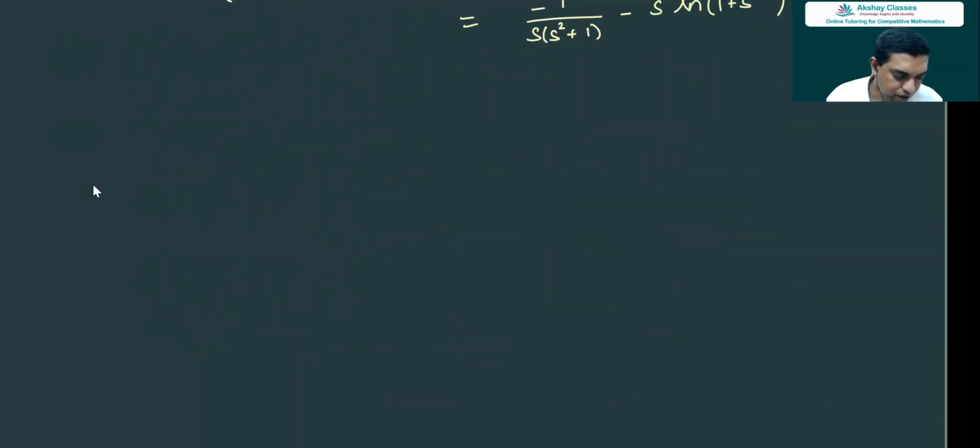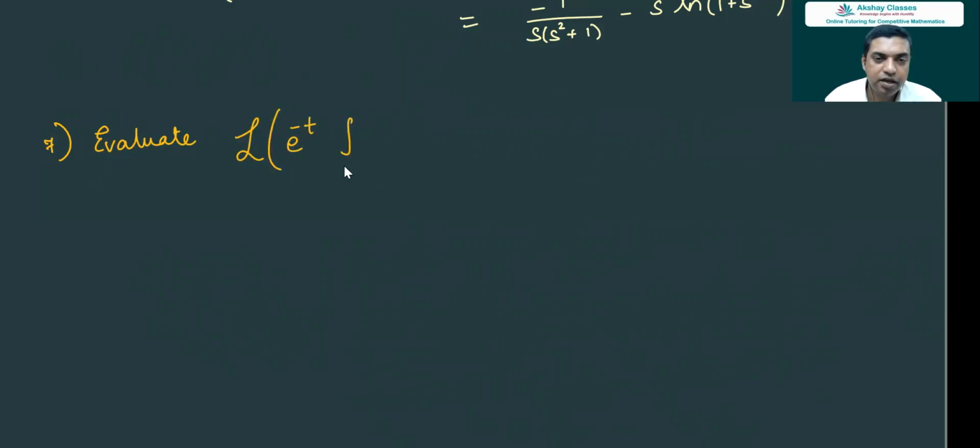Next, one more we'll do. Now evaluate the Laplace transform of e power minus t into the integral 0 to t of sine t upon t dt.